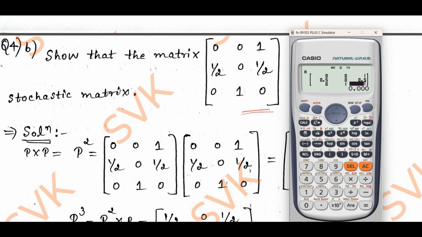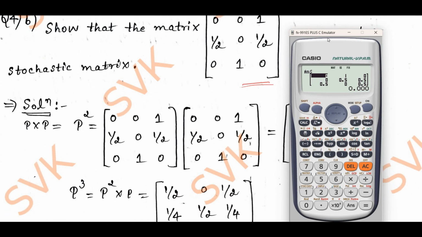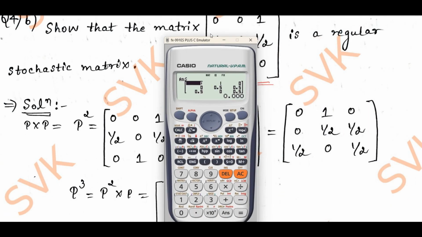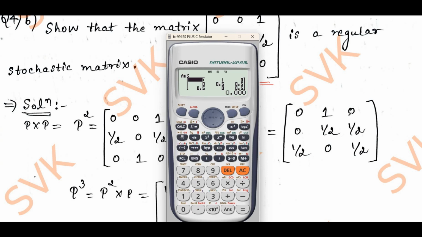After entering the matrix, consider shift 4, 3 into shift 4, 3. So I got P square. I observed that in P square some of the values are non-zero. That is what I have written.